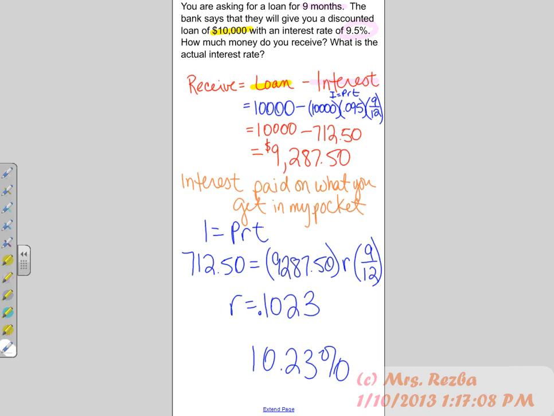That's the actual interest rate of this loan. Even though the bank told me it's a 9.5% discounted interest rate, had I done the loan regular, it would have been 10.23%. So you can see a discounted note hides a larger interest rate behind a smaller interest rate of the loan. And this is how we can determine the money we receive on a discounted note and determine the actual interest on a discounted note.